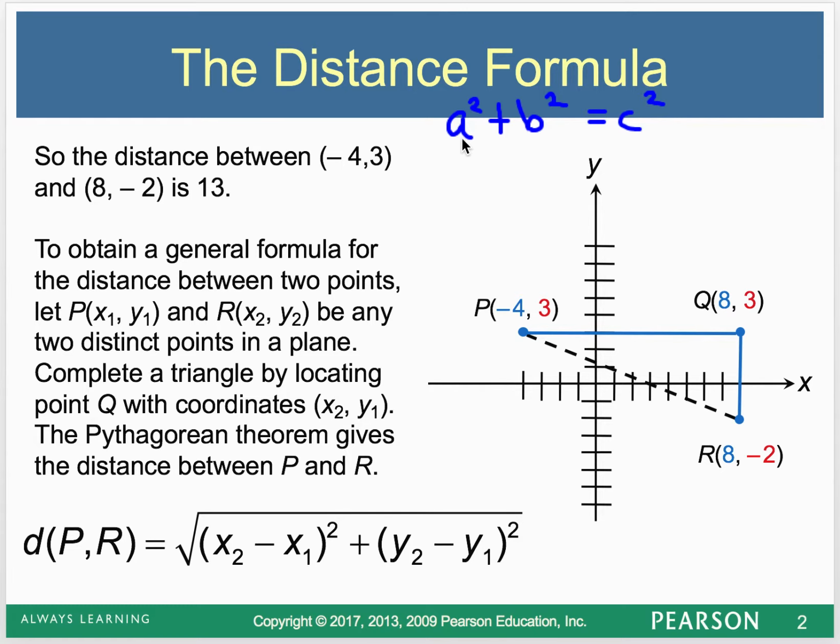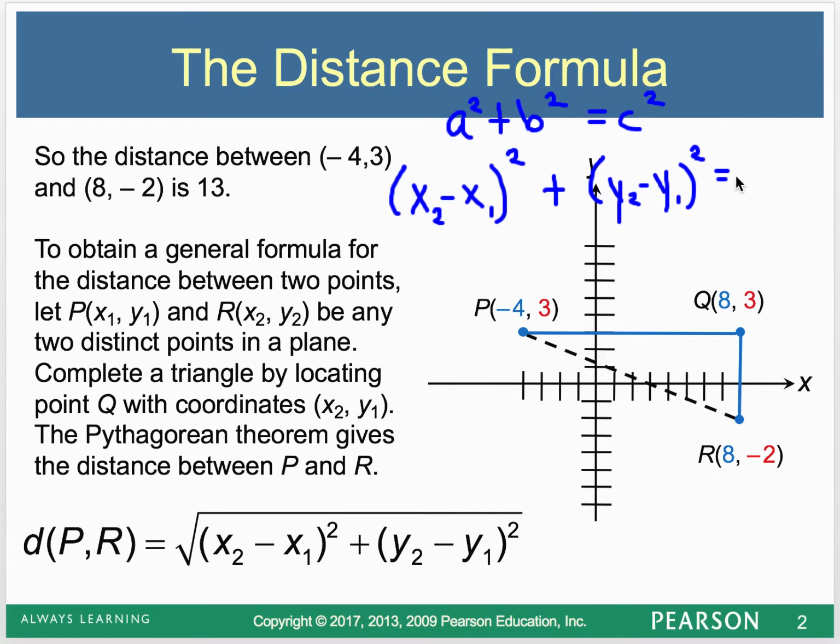Okay, so think about this then. A is going to be the distance between your x points, right? And these subscripts, that just means your second x point and your first x point, right? So you take the difference between your x points to get that distance and you square it. And then you take the distance between your y points and you square it.